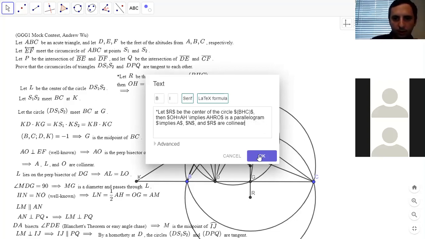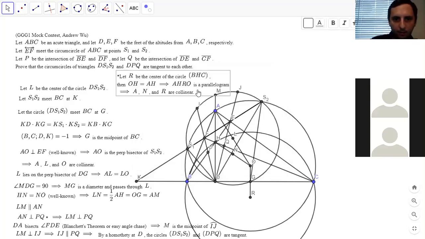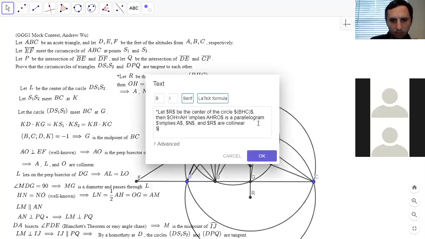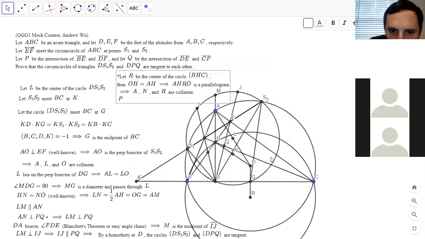So first I'll write that, and then since PF times PD, so P has the same power with respect to both circles.